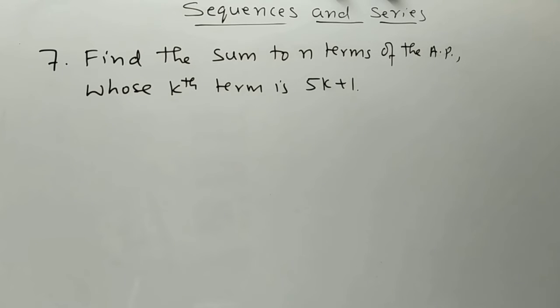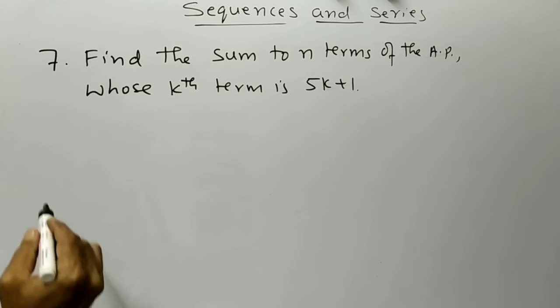Question number 7. Find the sum to n terms of the AP whose kth term is 5k plus 1.